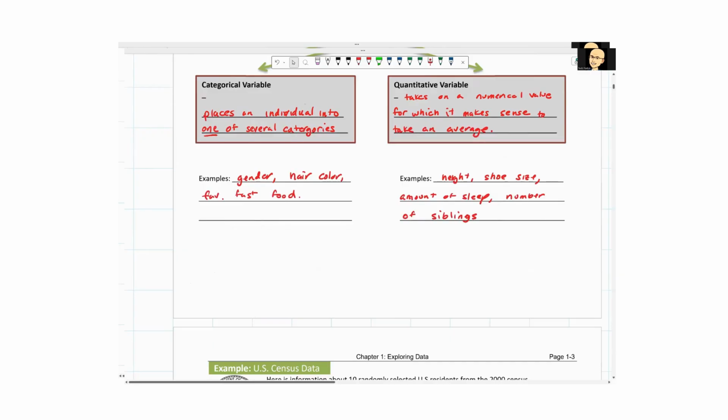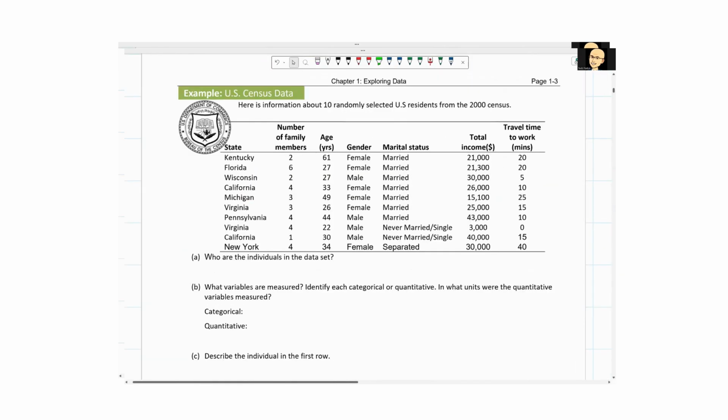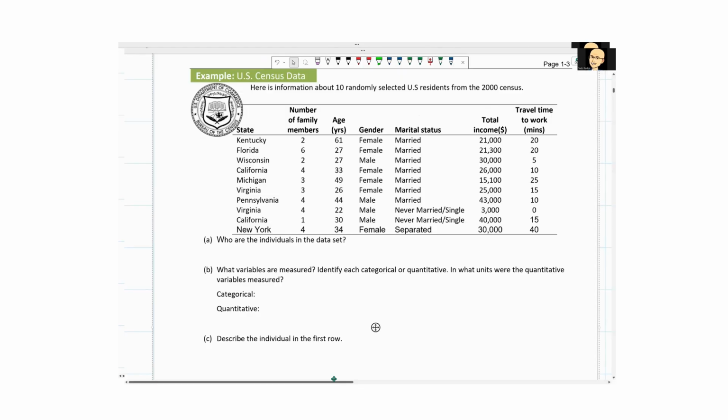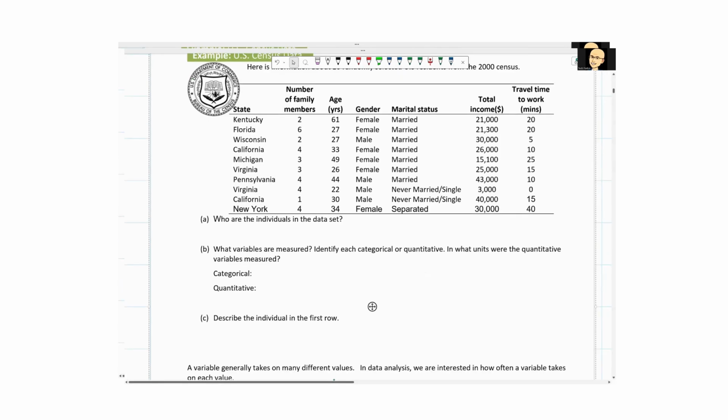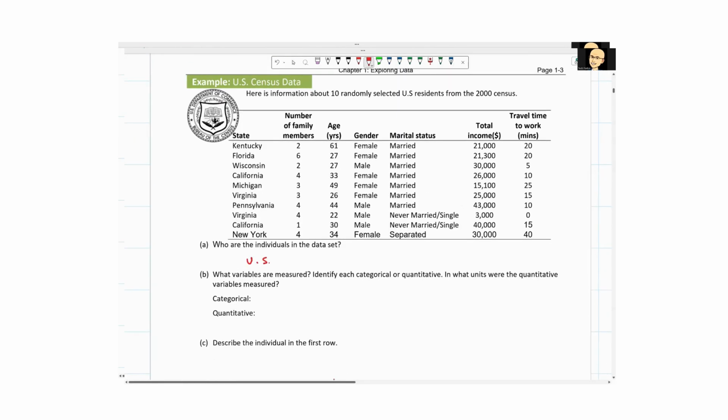Okay, let's take a look at a data set. So here's information about 10 randomly selected U.S. residents from the 2000 census. And we look over this list and we can say, well, who are the individuals in this data set? Well, looks to me like they are U.S. citizens.